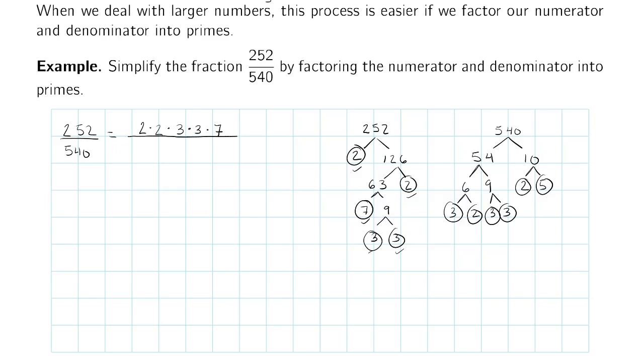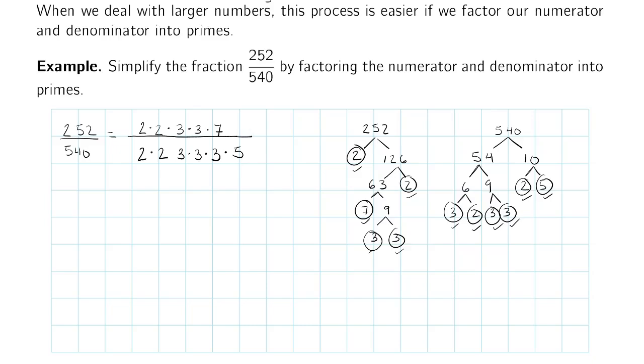So let's see. I'm going to have two 2's. So 2 times 2. I have 1, 2, 3 3's. So 3 times 3 times 3. And then I have a 5. So times 5.